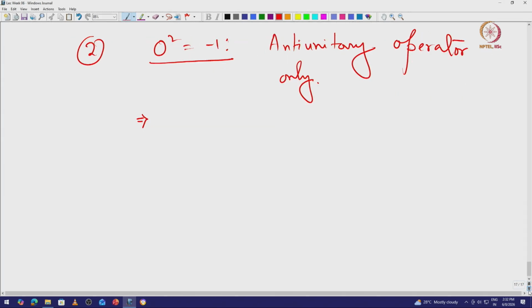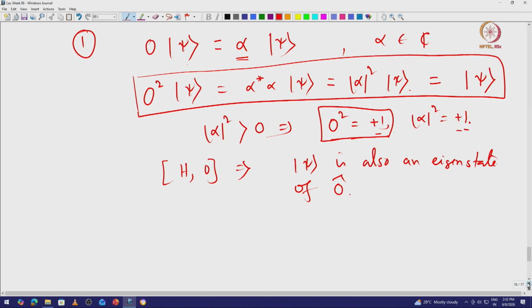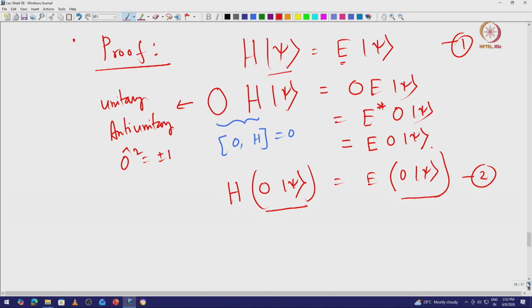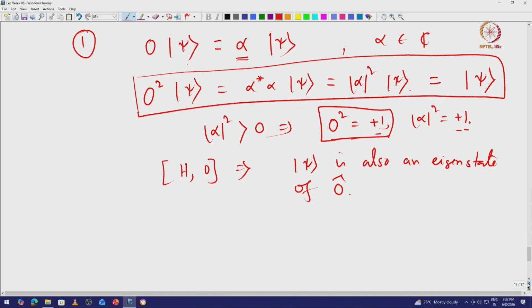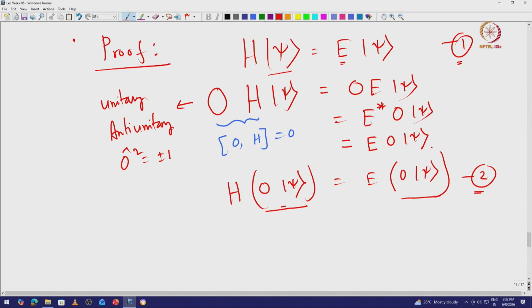Now let us consider the case for O square equal to minus 1, which is only true for the anti-unitary operator, and in this case we again start from equation 2 and compare with equation 1. Both are states with the same eigenvalue.